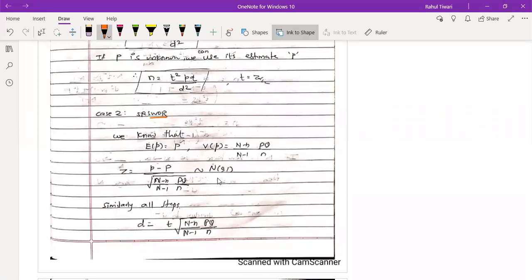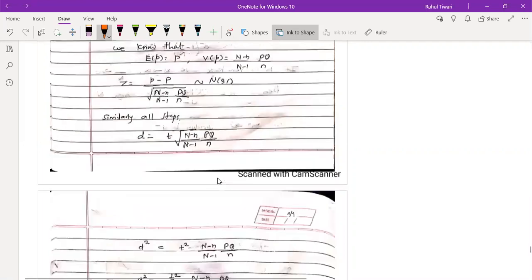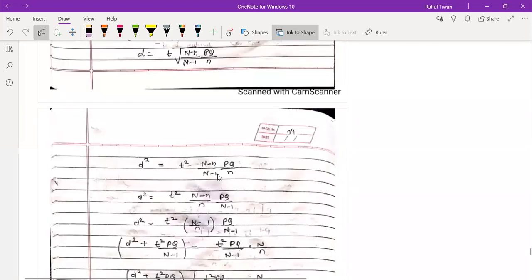So you can just substitute. Similarly, applying all the steps, d is equal to t times standard error or standard deviation. So you can get this, simplify, and square both the sides. Why am I squaring? Because here we have n in the square root, so we need to take n out. So we have to square both the sides.